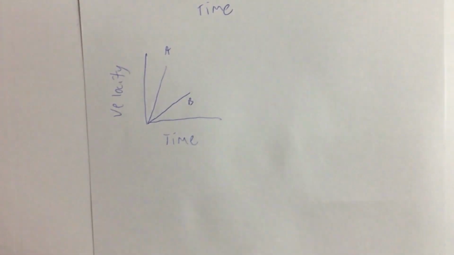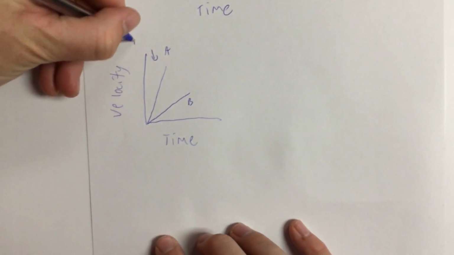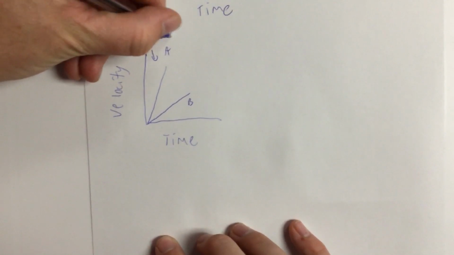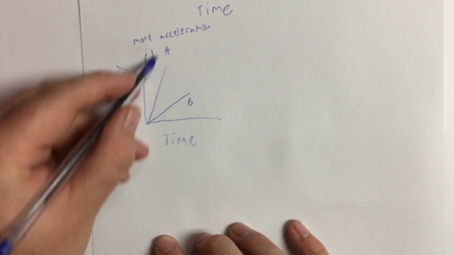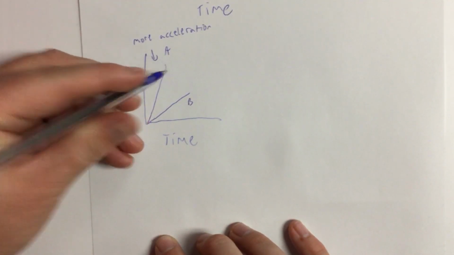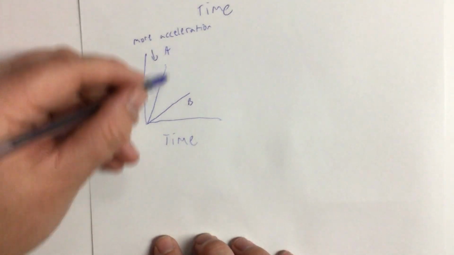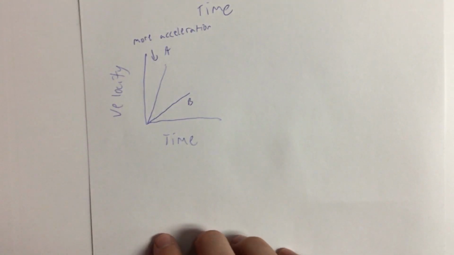They're both getting faster, but who's accelerating more? Like who's getting faster? A, right? More acceleration. Right? His velocity is going up higher than B's in the same amount of time. Like if you pick this time, B's here and A's way up here.